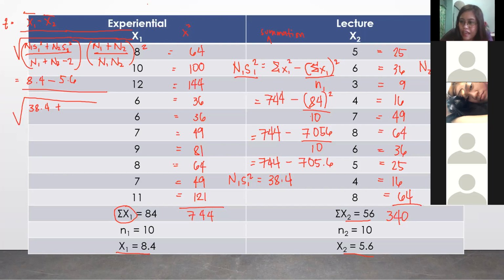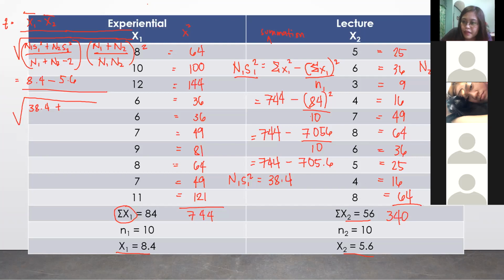And then, square ni mo na, divided by pila na sila kabuok, 10. So 340 minus 56 squared is 3136 divided by 10. So, 340, ay sorry, mas man na. Let me delete this.